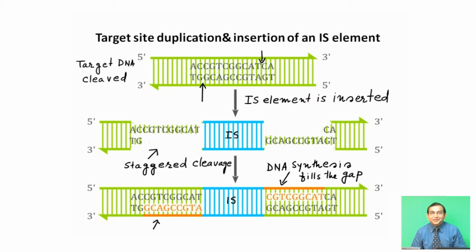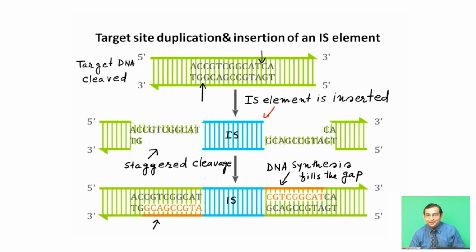The target DNA is clipped by transposase as a result of the staggered cleavage, which is shown over here. A space is created, and an IS element is inserted in this space. This IS element is cut by the transposase enzyme and inserted in the space created by the staggered cleavage.